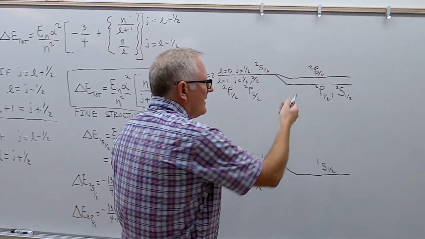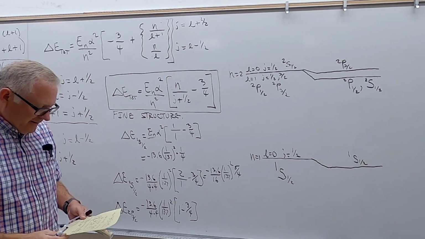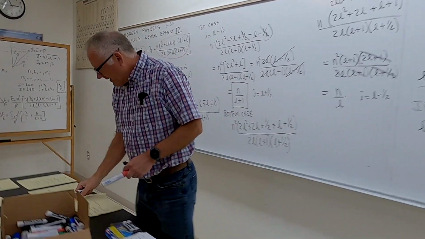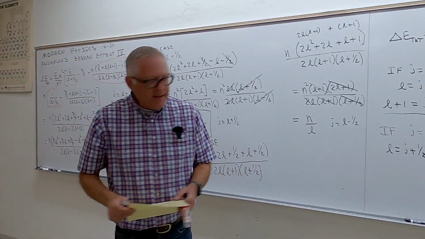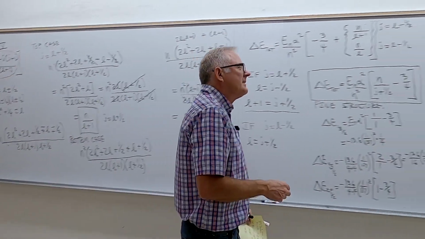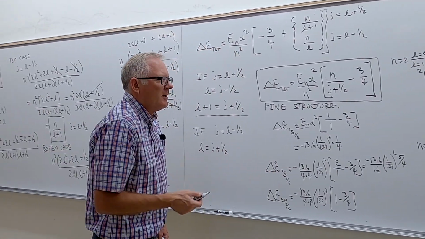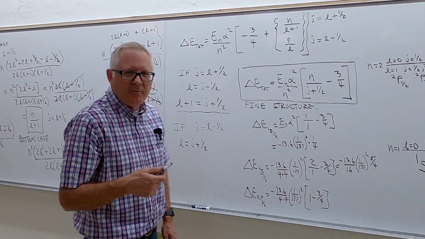So we would have started to see this right here. Now, again, this isn't the end of the story. Seems like it's never the end of the story because I still haven't brought up what the anomalous Zeeman effect is. This is the fine structure. But remember, the Zeeman effect is what happens when you put it in a magnetic field.